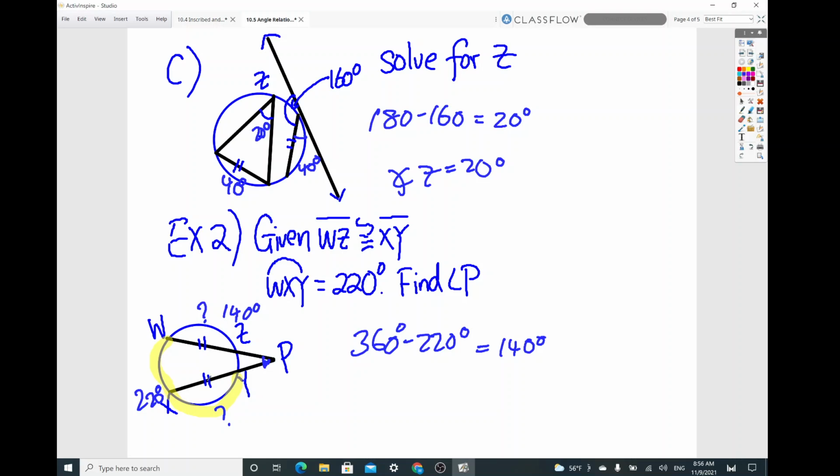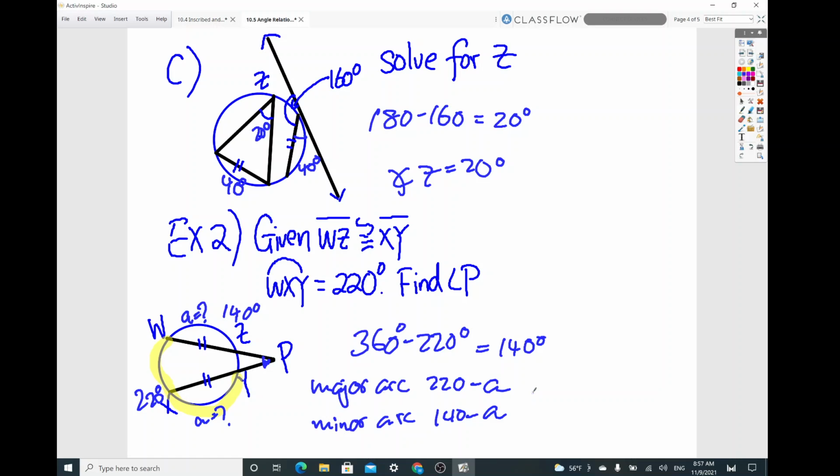We do know that those two chords are equal, so let's say this one is, you don't want to use X, so let's say it's A and A. So the major arc will be 220 minus A, and then the minor arc will be 140 minus A.